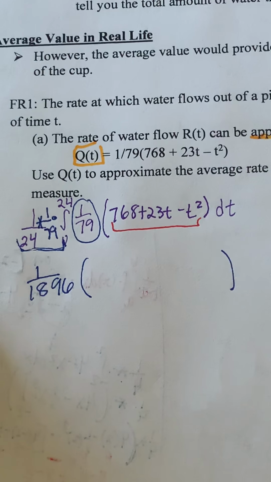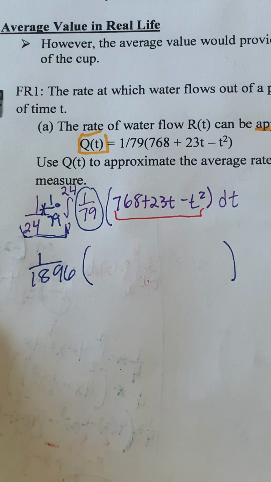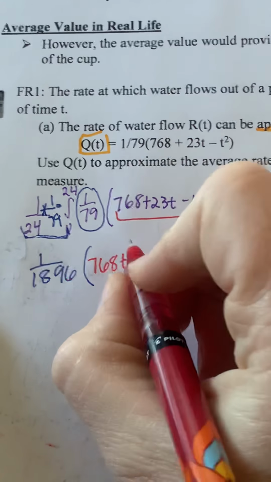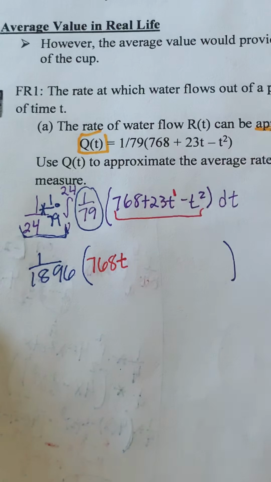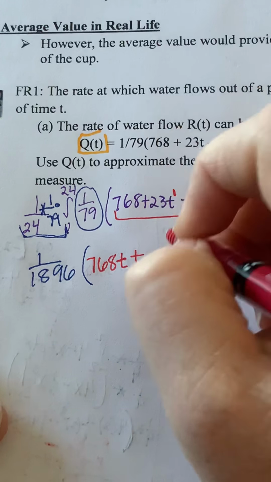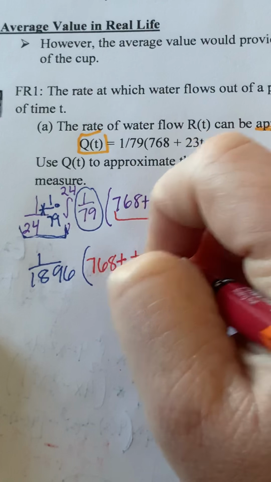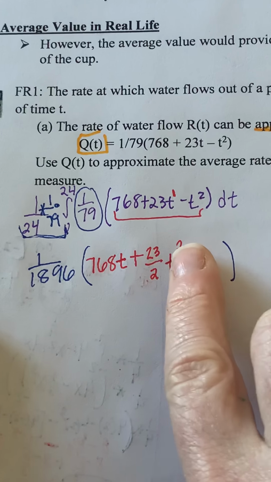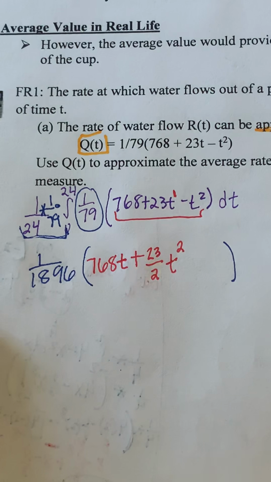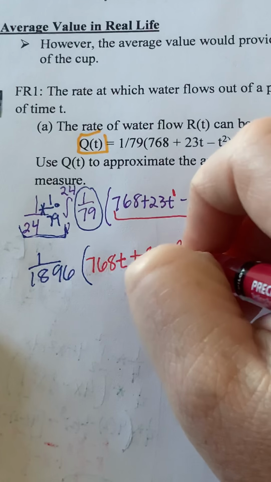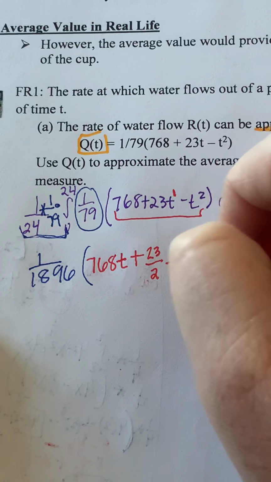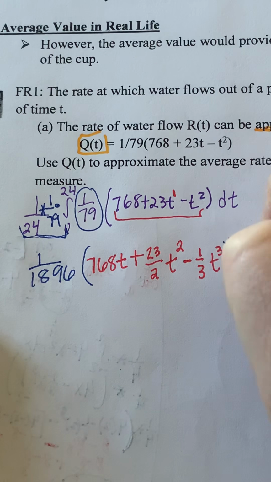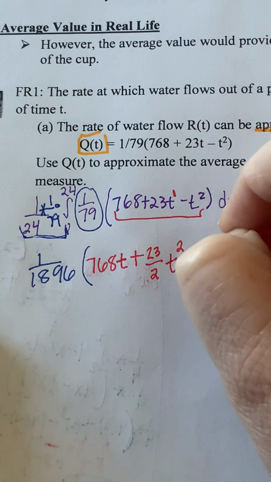The integral of 768 is 768t. The integral of 23t to the first would be plus 23 over 2 t squared. Take the derivative and check yourself real quick. You should end up with what you started with. Minus 1/3 t to the third. And then I need to squeeze in the limits from 0 to 24.